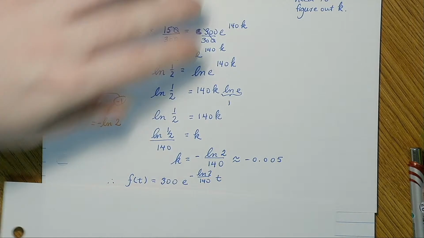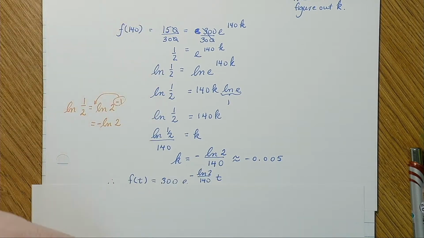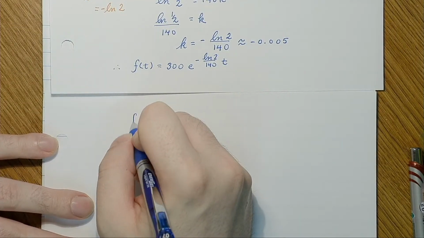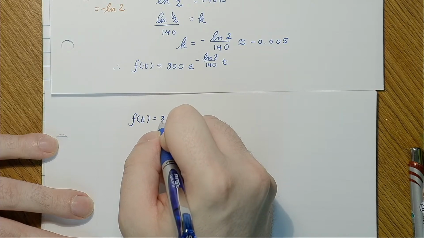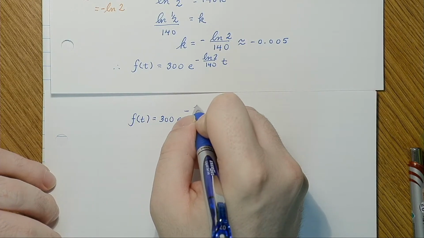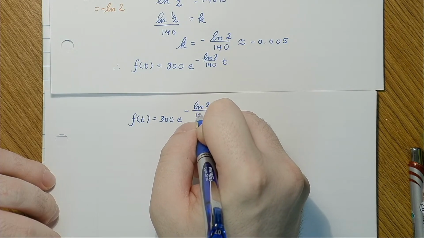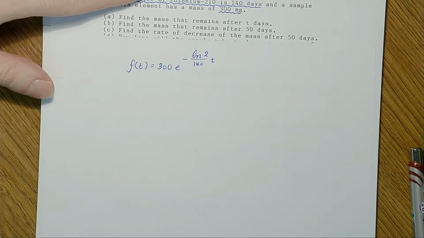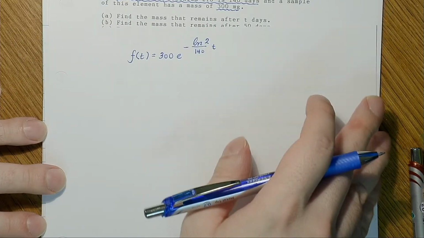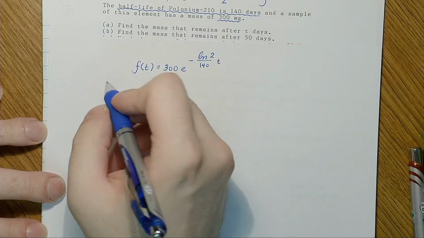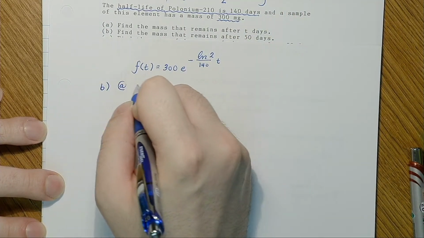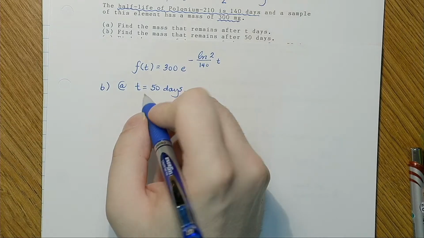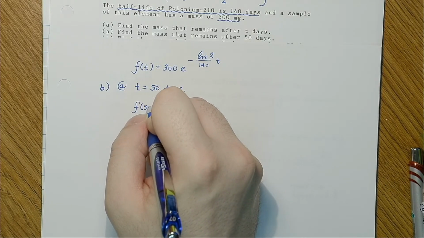I'm just going to rewrite that again up top here. So that I can go back up to the top. And then I'm told, find the mass that remains after 50 days. So for B, we're going to assume it's at t equals 50 days. That just means plug in the number.